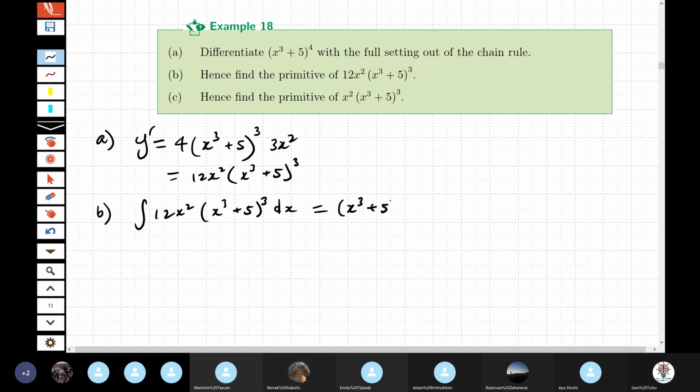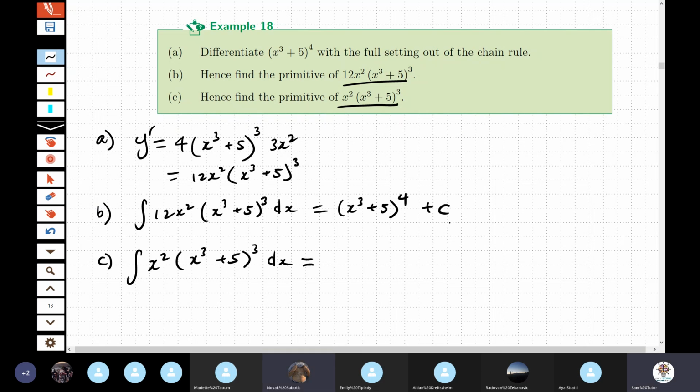That's good. Yep. And then part C. Hence find the primitive of this, which looks very similar to this, except it's again 12. So therefore the answer, take the 12 out. So you want to just say the answer again? Yeah, so it's x squared, x cubed plus 5 to the power of 3 over 12.